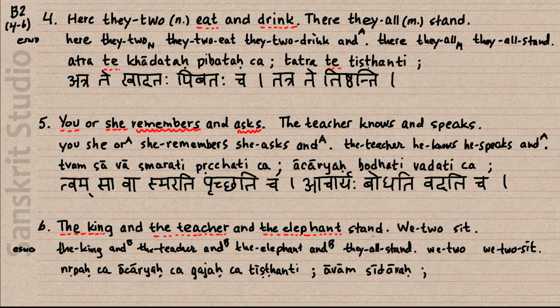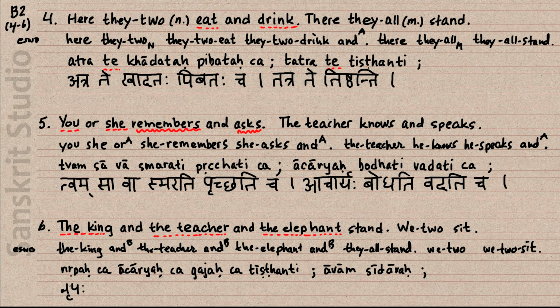Okay, let's proofread this. Nripaha cha acharyaha cha gajjaha cha tishtanti, and then avam sidavaha. Okay, that looks good.